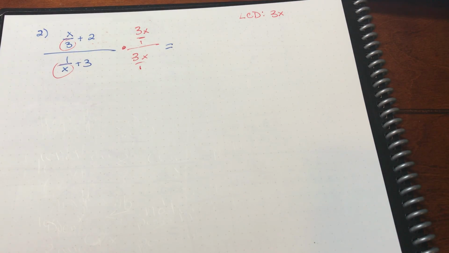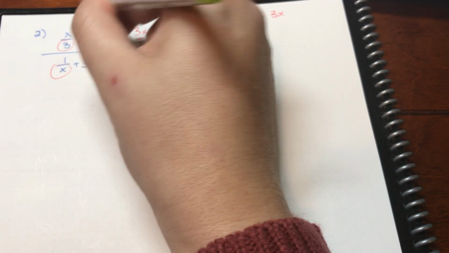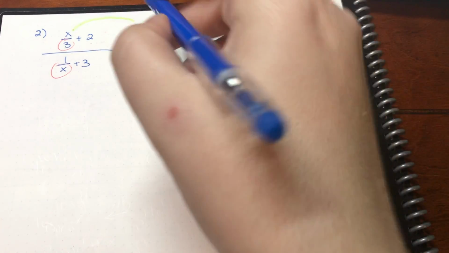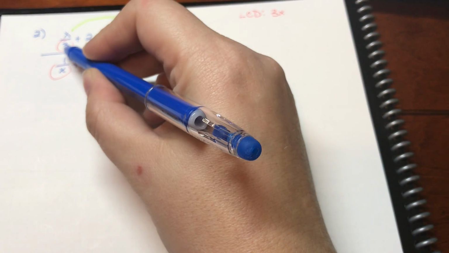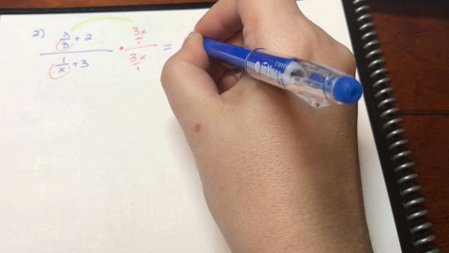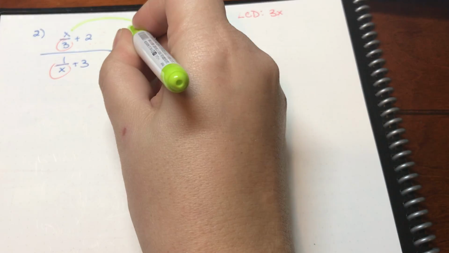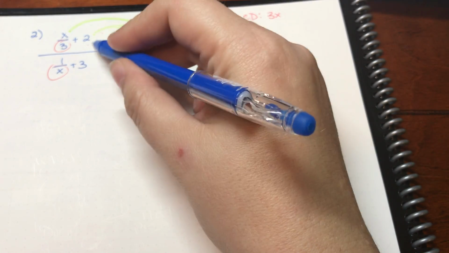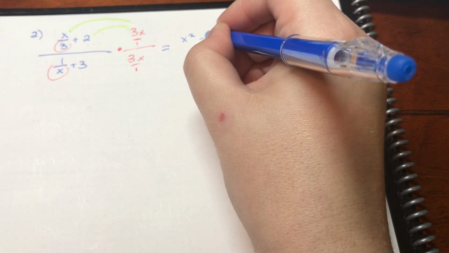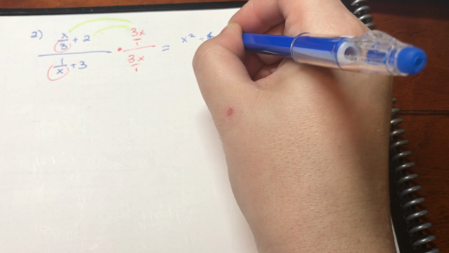So when I multiply this, I'm going to multiply here. So 3 divided by 3 is 1, so I'm just left with x squared. And I'm going to multiply here. So 3x times 2 is plus 6x.